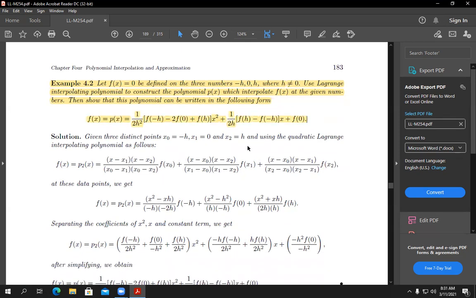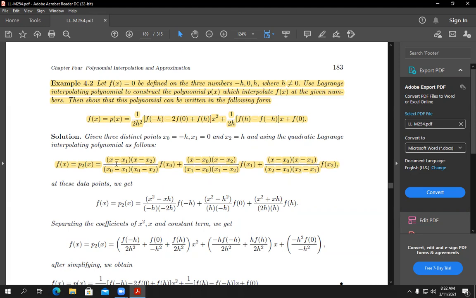So what is this one here? How many points do you have? x0 is your -1, x1 is your 0, and x2 is equal to h. So you have 3 points, and for 3 points you have to use a quadratic polynomial, and that quadratic polynomial you will use here, inshallah. And you know the values of x0, x1, and x2.